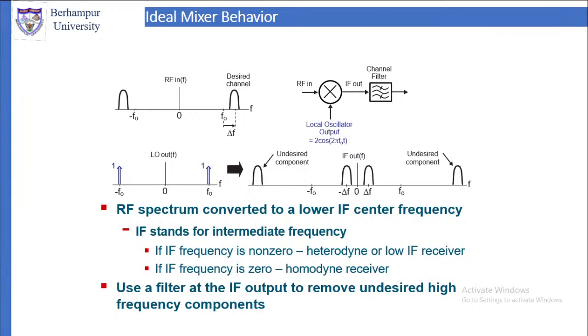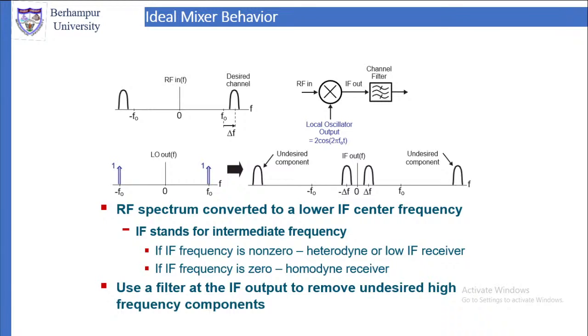Now let us look at the ideal behavior of the mixer. In the ideal behavior of the mixer, RF input is there. Look at the top left figure. In the top left figure, we see the RF spectrum.